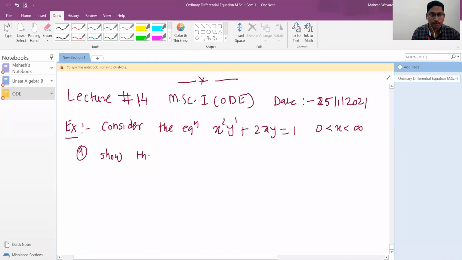Show that every solution tends to 0 as x tends to infinity.